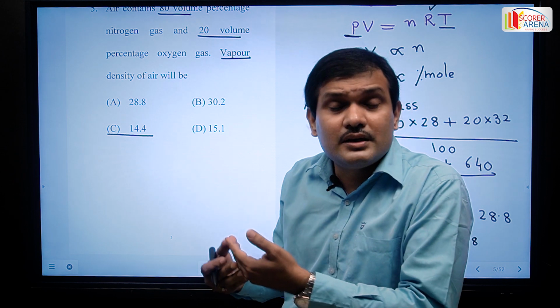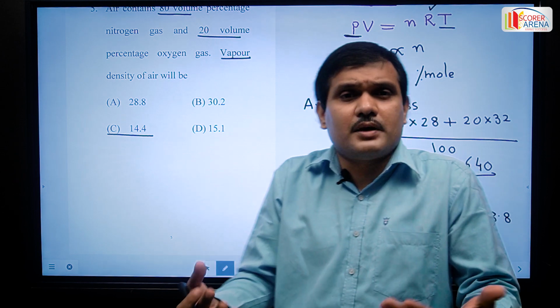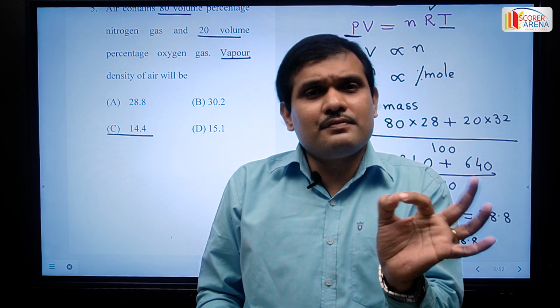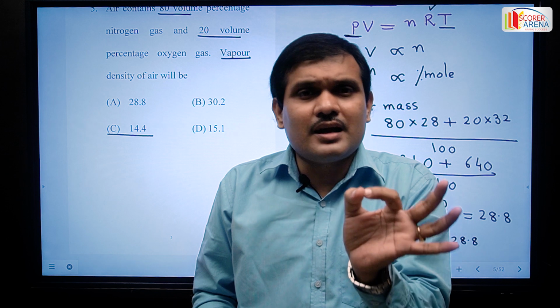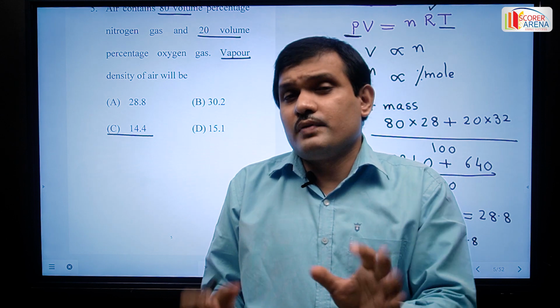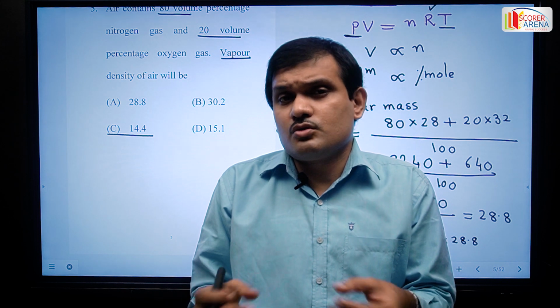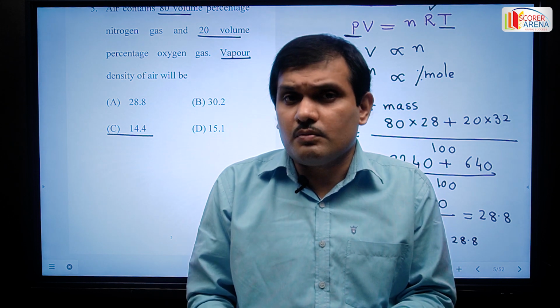But when you are dealing with air, definitely that sample of air belongs to some place. When it belongs to some place, it will have constant temperature and constant pressure at that place. When temperature and pressure are constant, you can consider volume percentage to be related to percentage of moles.